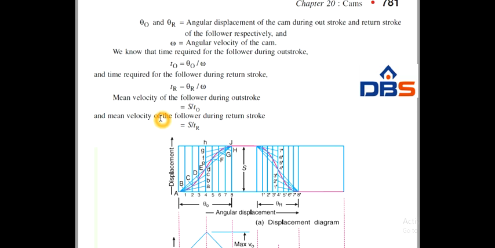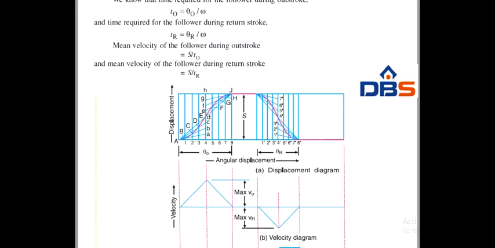The mean velocity of the follower during the outward stroke is the stroke per time required, that is, the stroke length divided by the time required to complete the stroke. Here the mean velocity during the outward stroke is S/to, and during the return stroke it is S/tr.